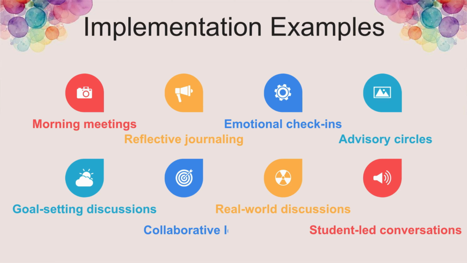Pick one or two. Pick one, try it out, see if it works for you. If it doesn't, pick a different one. If it does, keep that one going, add another one to it so you can break up the monotony so it's not the same thing over and over again.